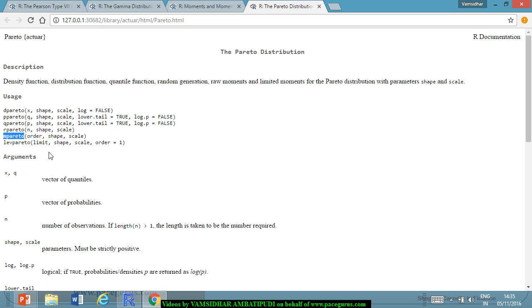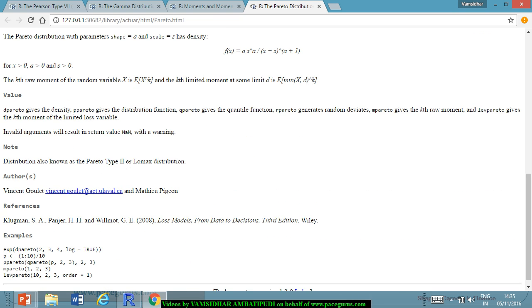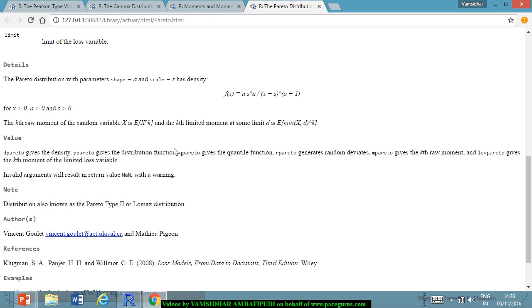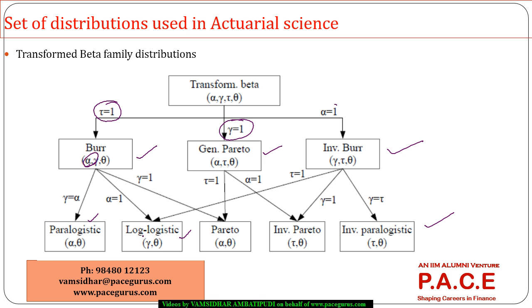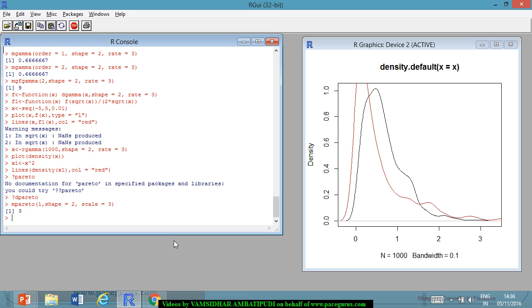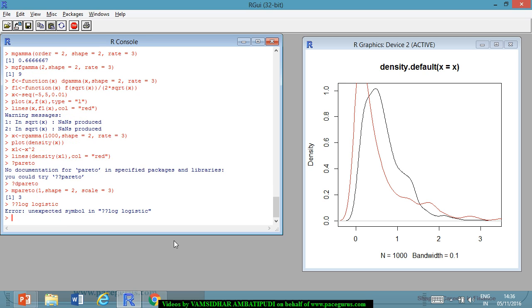So let's say, right, we are having all these different kinds of distributions that are working out for us. And almost all the distributions here, let's say I want log logistic, have to put this in double quotes.